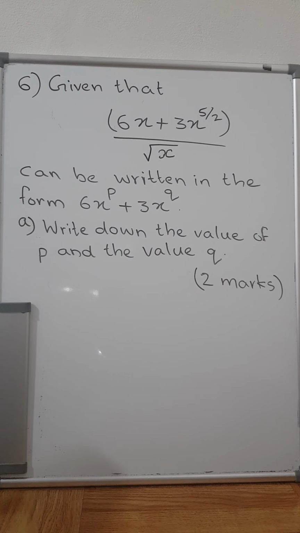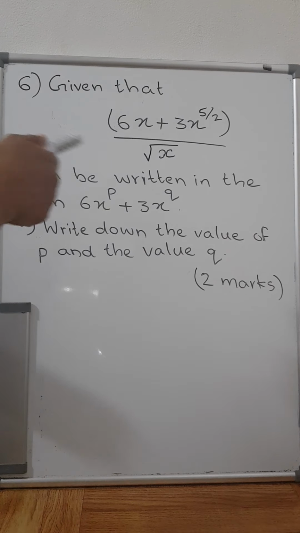Sixth question, given that 6x plus 3x to the power 5 by 2 divided by root x can be written in the form 6x to the power p plus 3x to the power q. Write down the value of p and the value of q. The question carries 2 marks.